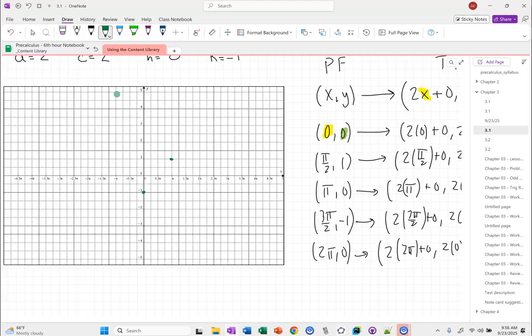Then we had 2 pi, negative 1. And then 3 pi, negative 3. And then we had 4 pi, negative 1 again. Does everybody feel okay with what I plotted there?